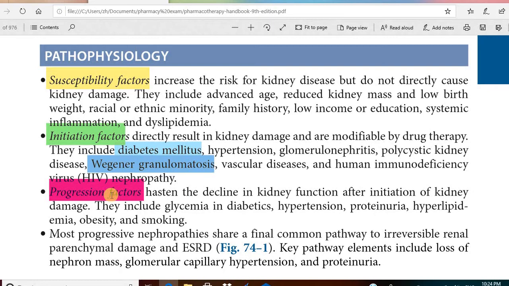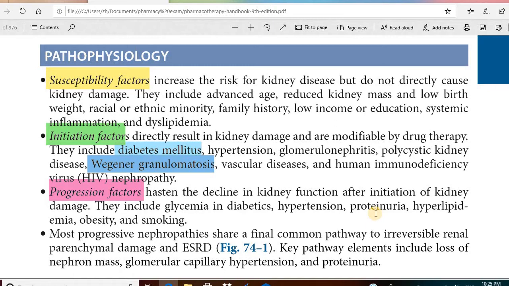So they include hyperglycemia in diabetics. If the patient already has diabetes mellitus and there is a high glucose condition, there may be a chance of further damaging of the kidney.